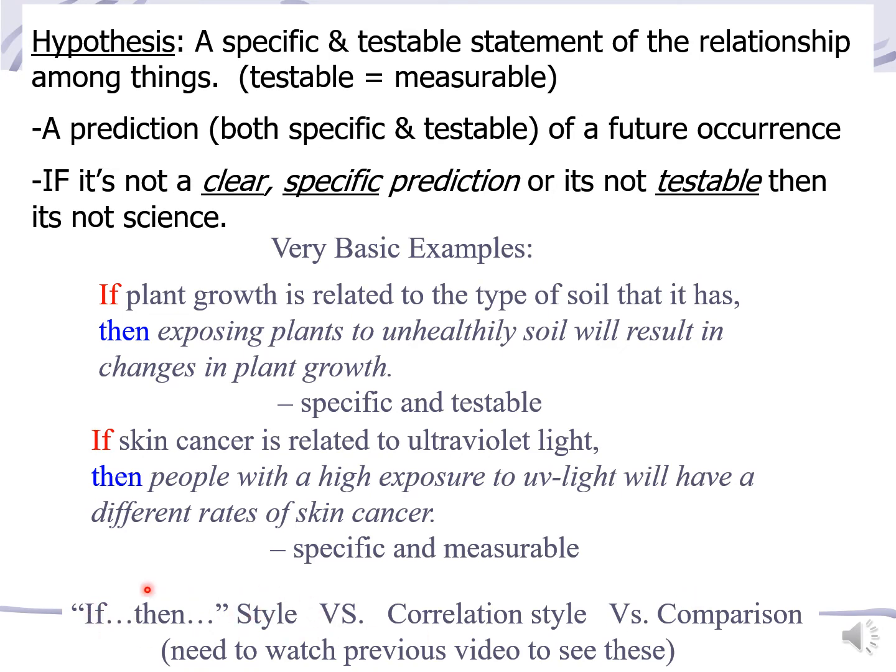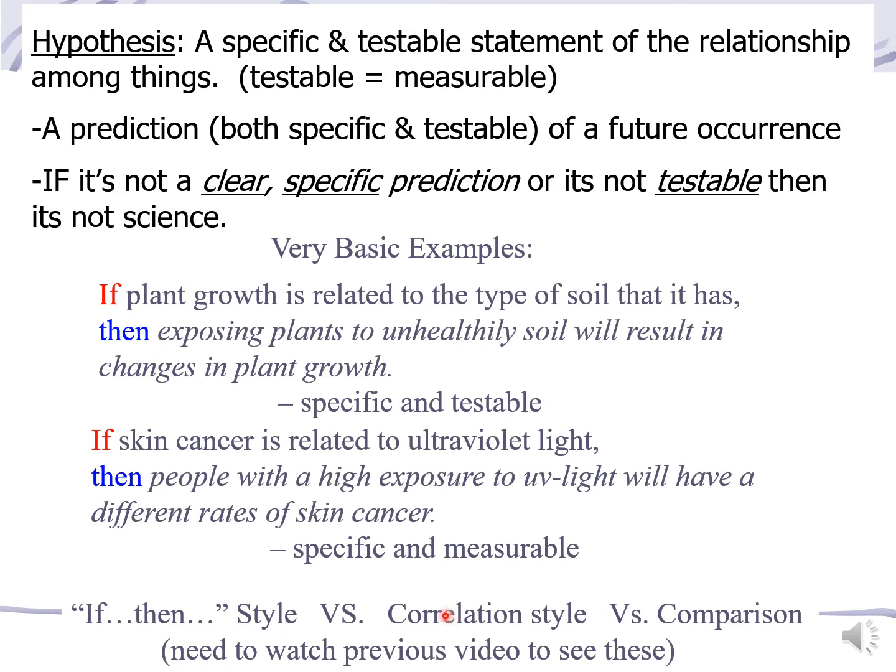All three of these styles, and again, you're probably more familiar with the if-then rather than the other two, are good and have their strengths, but we're going to try and elevate you guys a little bit in making your hypothesis. So make sure you're clear with what these three are, because the next part is going to be based on understanding those three styles of hypotheses. They each use different wording, so obviously the if-then uses if-then.